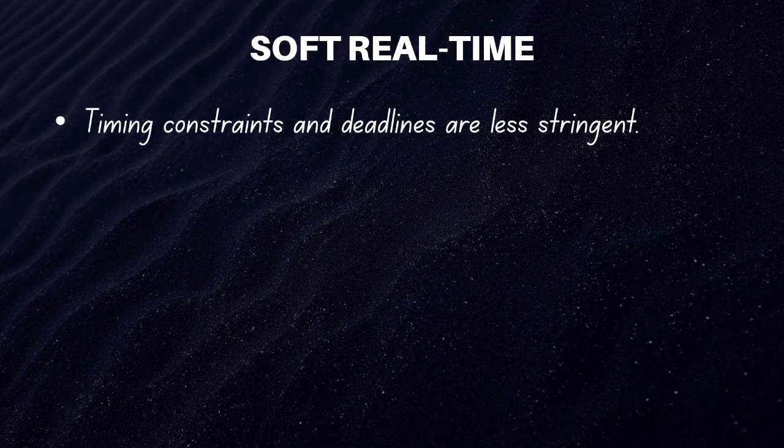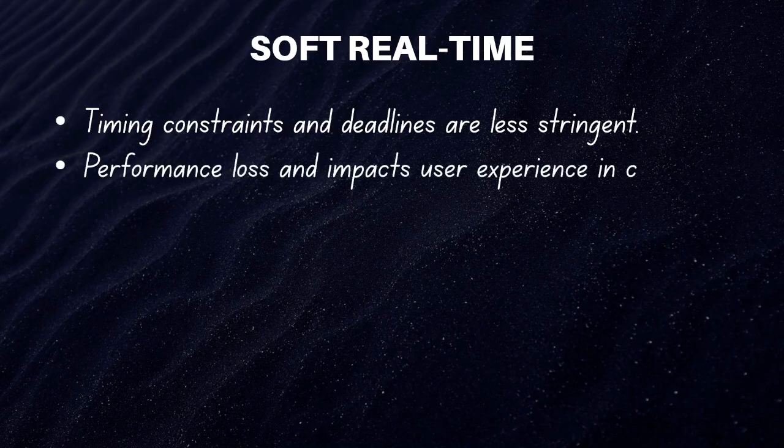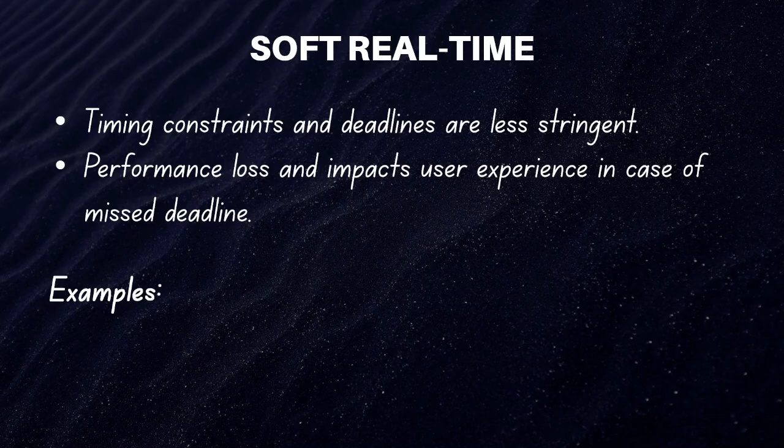Let's check the meaning of soft real-time systems. Soft real-time systems also have time constraints and deadlines, but not as strict as hard real-time. If the system misses a deadline, there would not be any serious consequences, but performance will be degraded and it can impact user experience. For example, multimedia streaming.